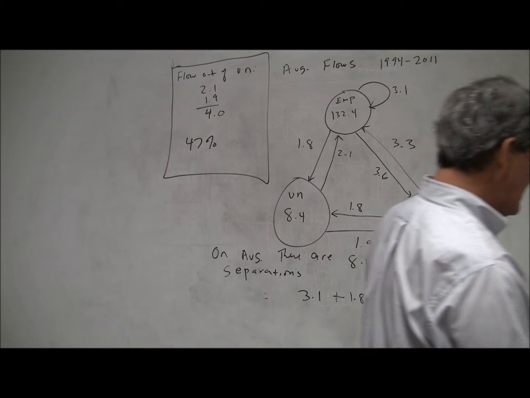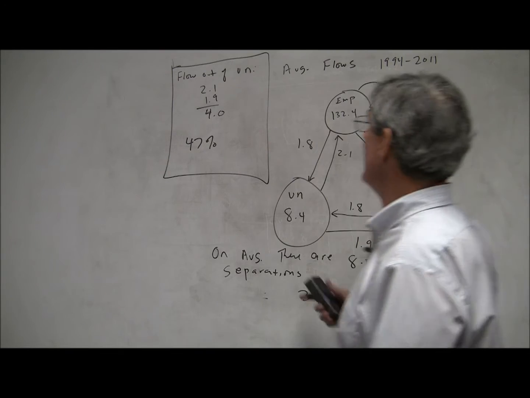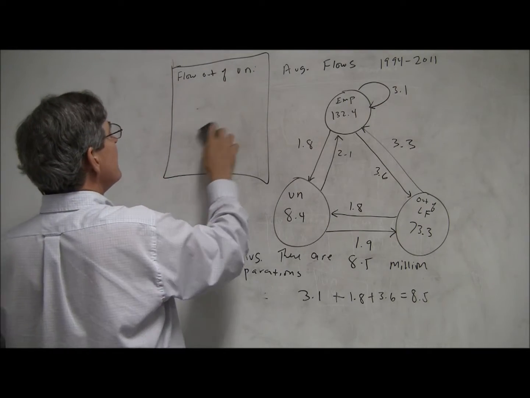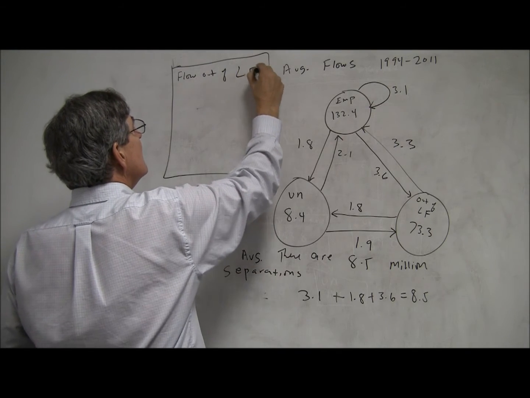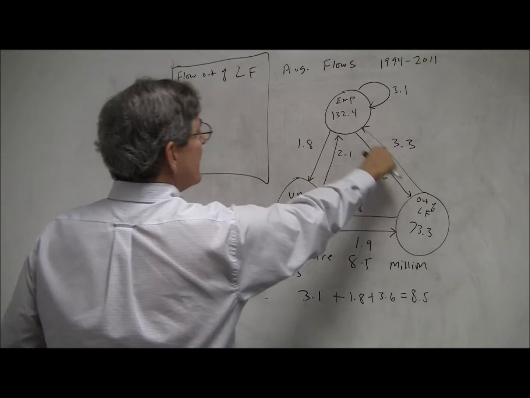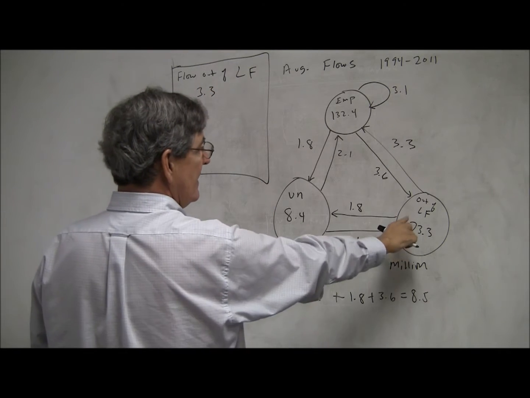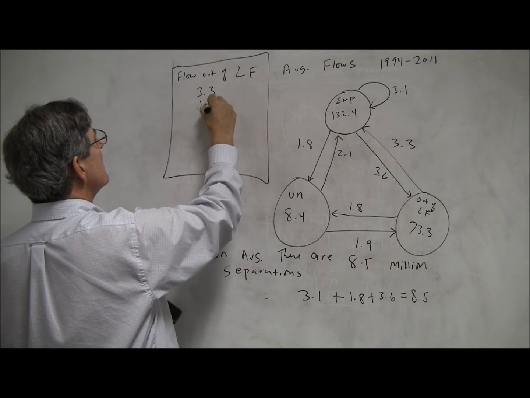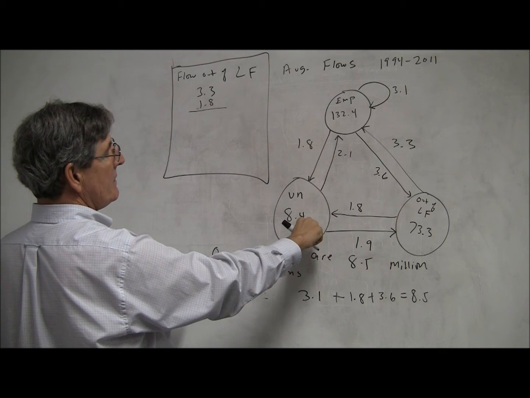The flows in and out of the labor force are also relatively large. I'm running out of space, so let me look at flows out of the labor force. That is 3.3 million people get jobs, and 1.8 re-enter the labor market, but they're unemployed.